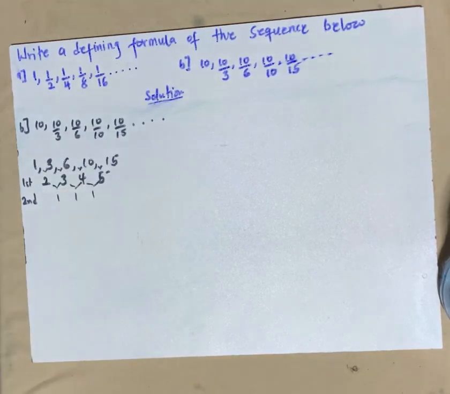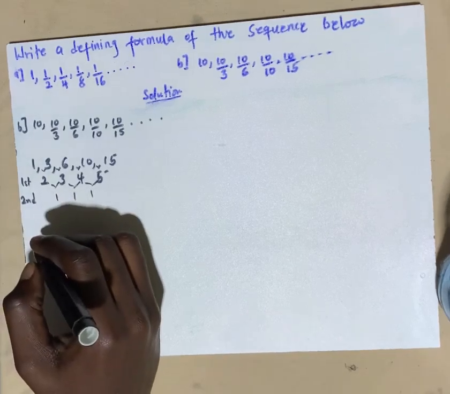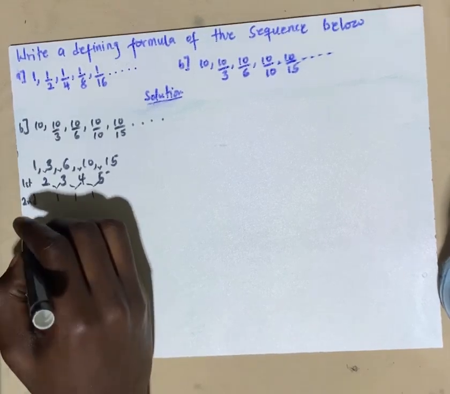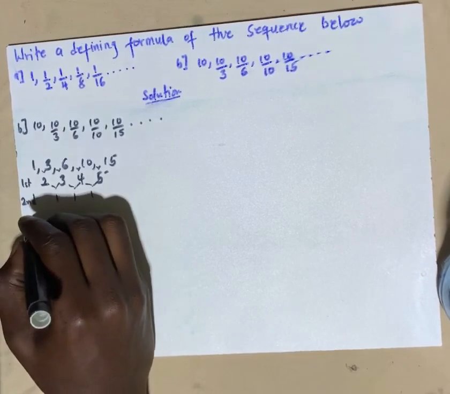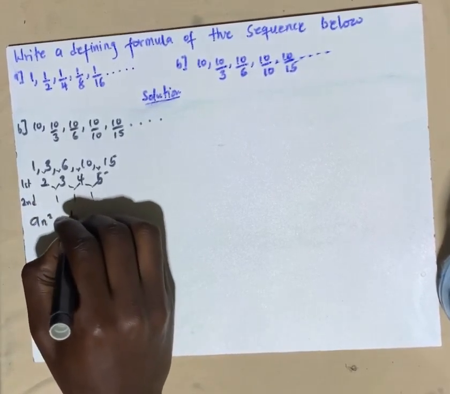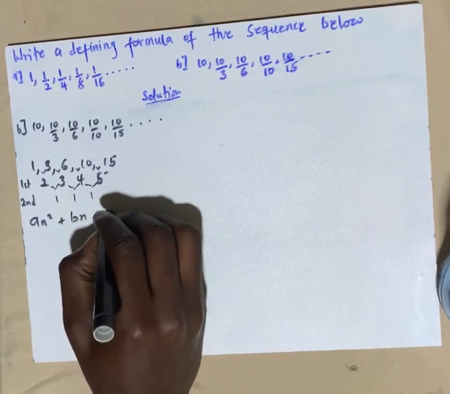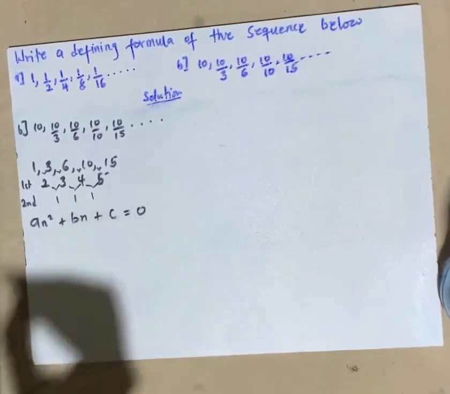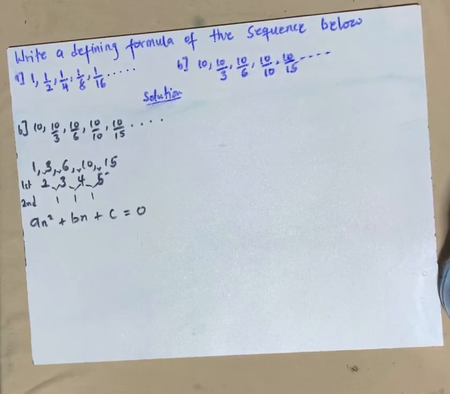So how do you go about it? Now we know that since we are facing an exponential progression, we have to use the exponential formula, which is an squared plus bn plus c, which is going to be equal to 0. Now this is going to be the expression which is going to help us find the formula for this sequence.